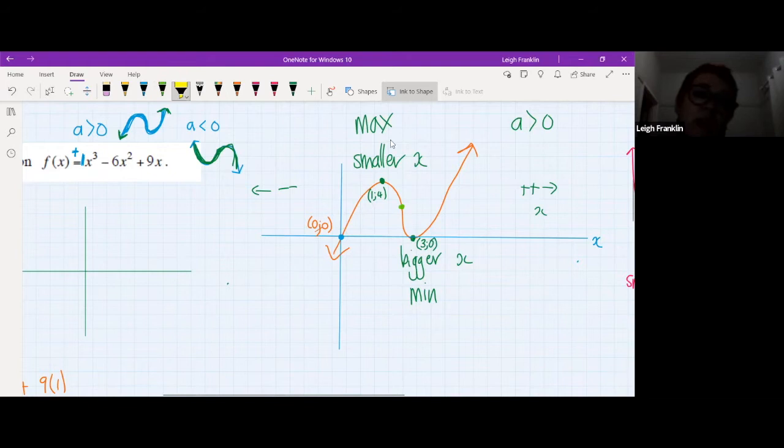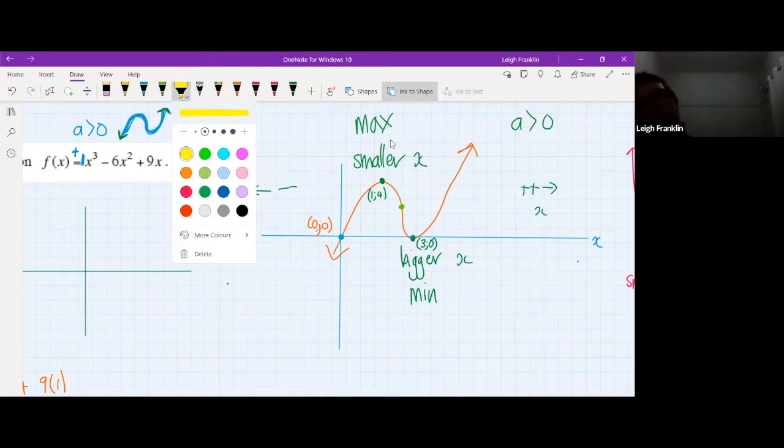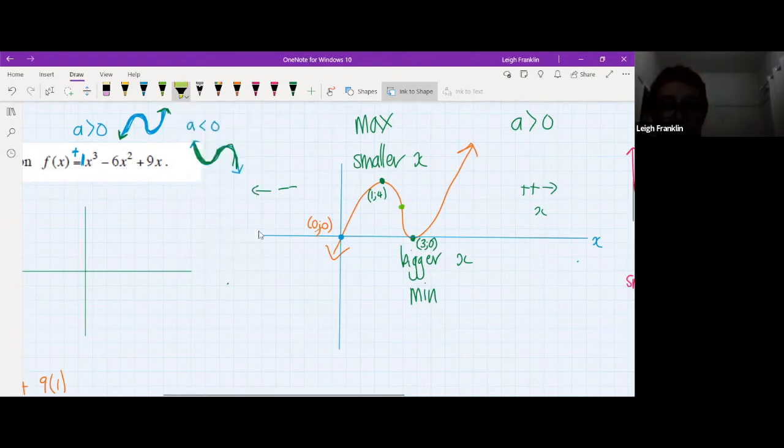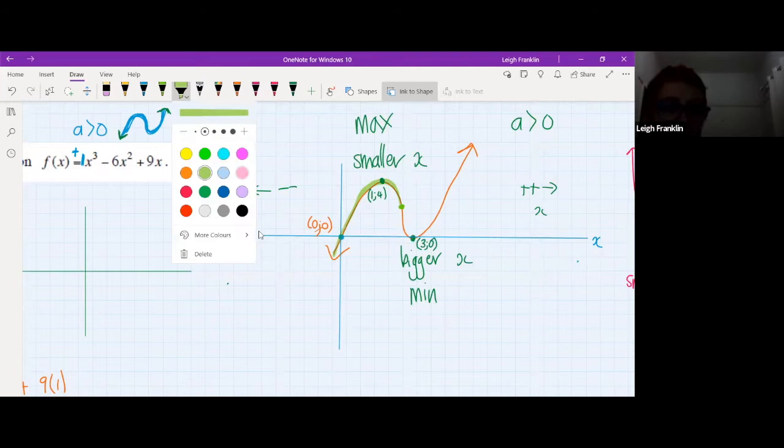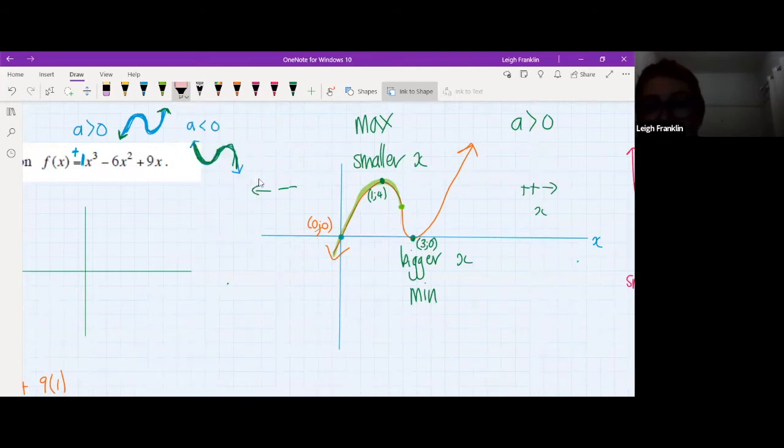So this particular graph, remember, is first concave down up to that light green dot, and after the light green dot, it is now concave up. Here where I'm putting the pink highlighter, it is now concave up.